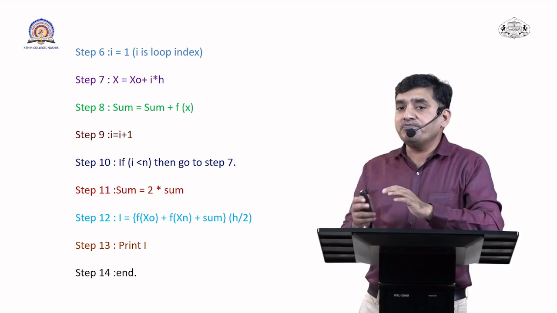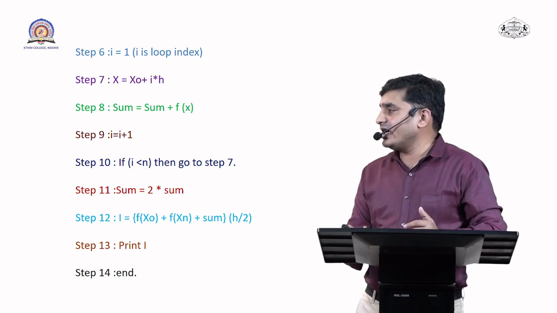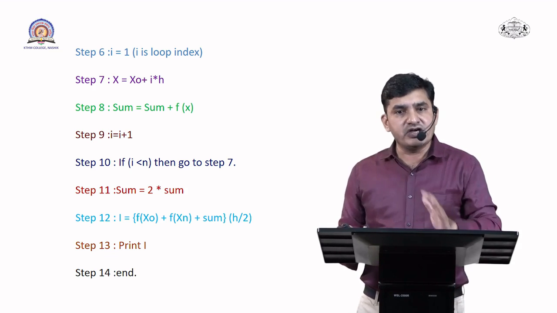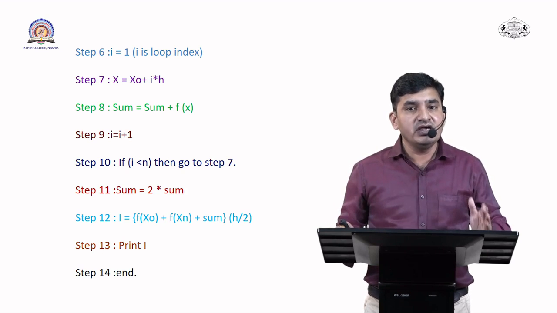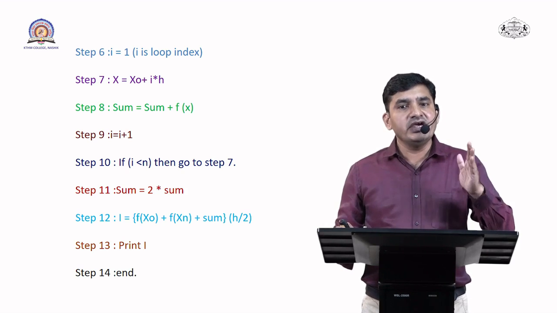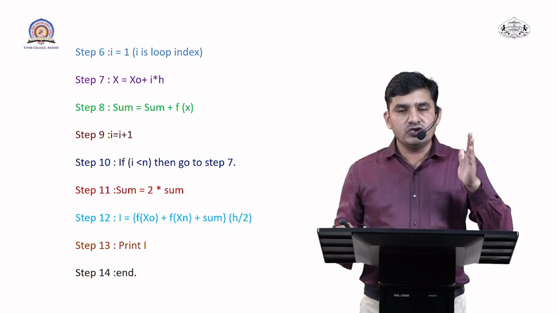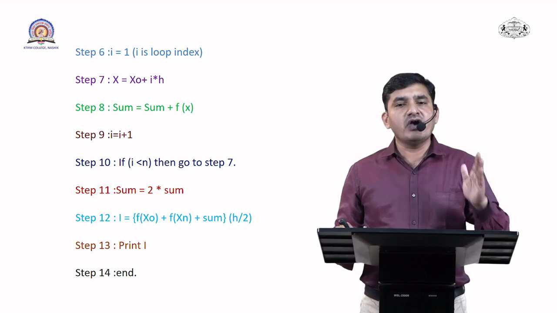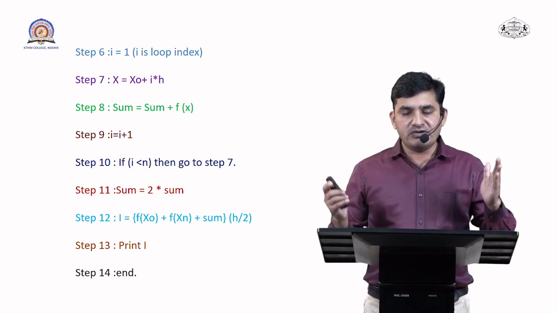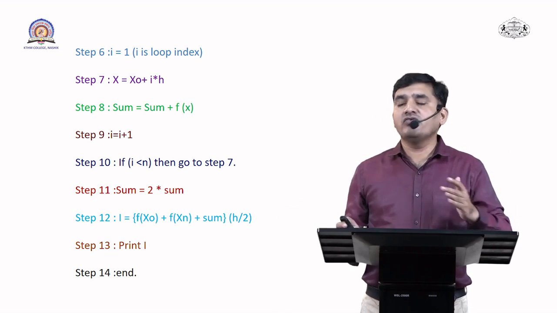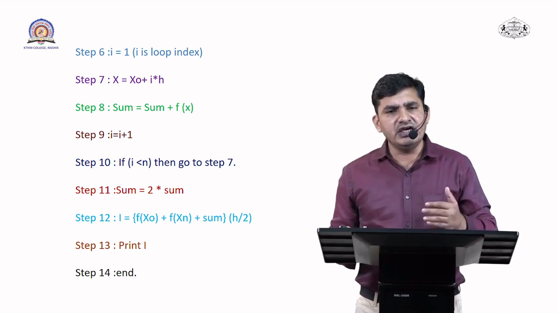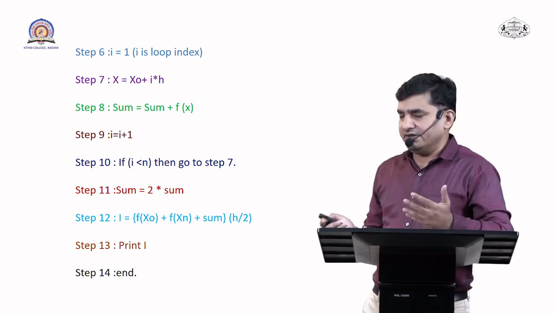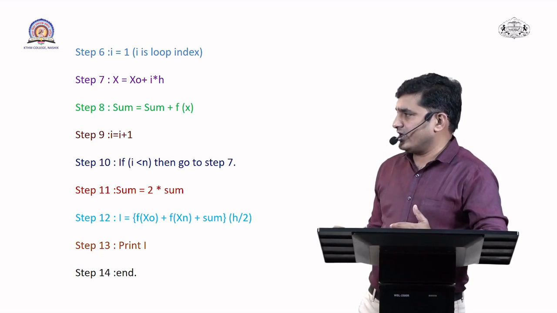The bracket is multiplied by h by 2, because our formula of the trapezoidal rule is h by 2 in bracket y0 plus yn plus 2 in bracket y1 plus y2 plus y3 and so on up to yn minus 1. Then we have to print the integration, then end or stop the program.